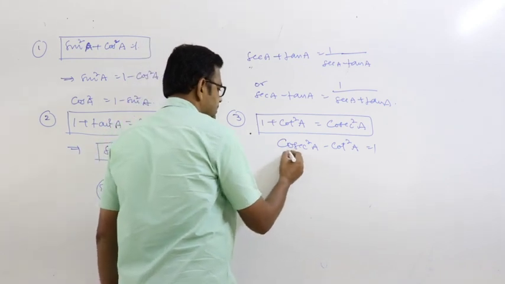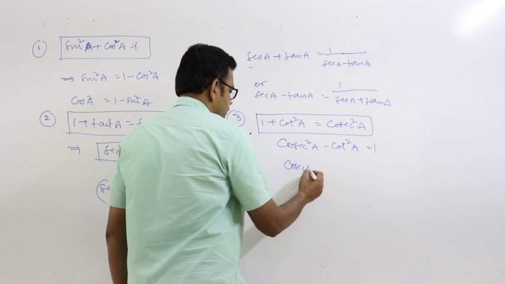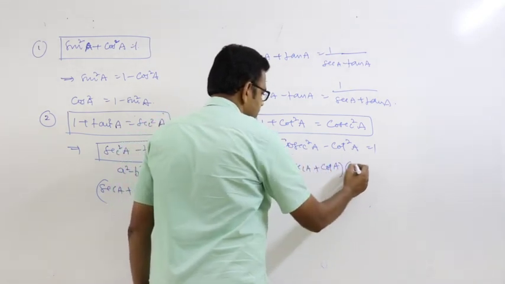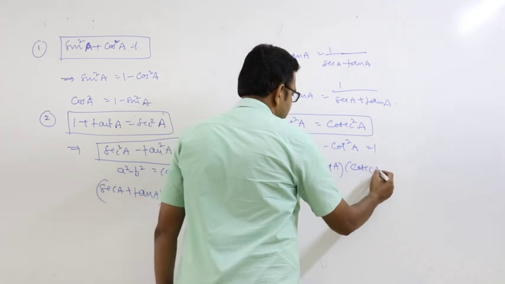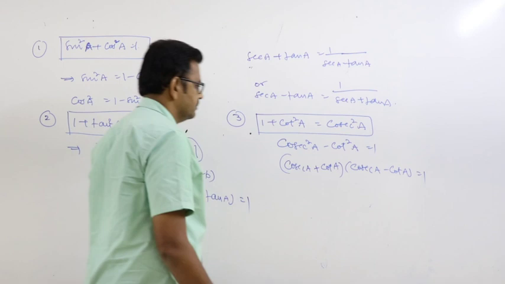That implies, this is also a square minus b square form. Cosecant A plus cot A into cosecant A minus cot A is equal to 1.